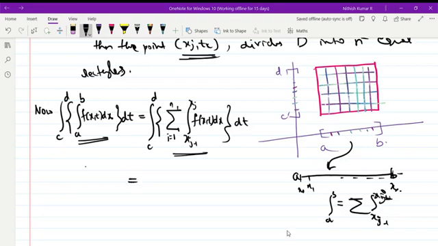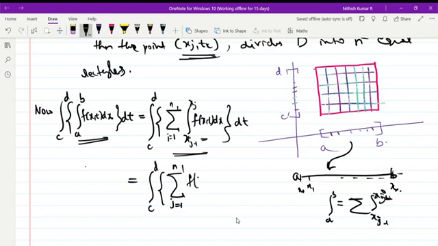Again, this is equal to the integral from c to d of the summation, j equal to 1 to n.